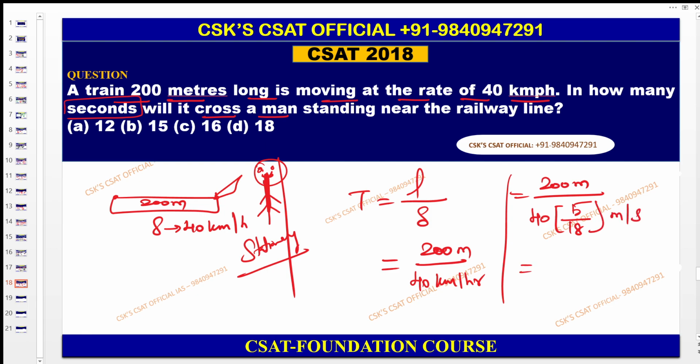Take the reciprocal: 200 into second by meter into 18 by 40 into 5. 40 into 5 gets cancelled, meter gets cancelled. So 18 seconds. The answer for this question is 18 seconds. Able to understand?